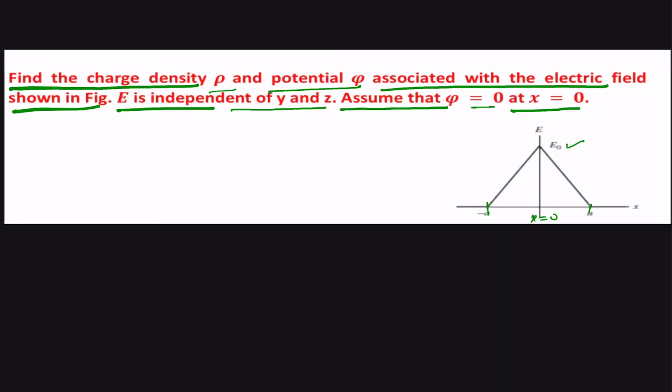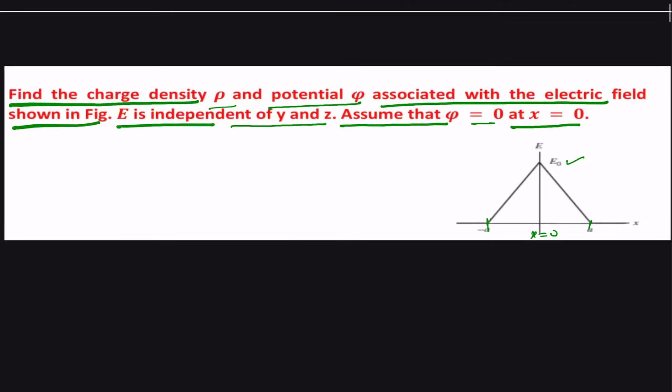So we know that the derivative of our electric field is equal to the charge density at a certain point x divided by our epsilon naught. Okay.